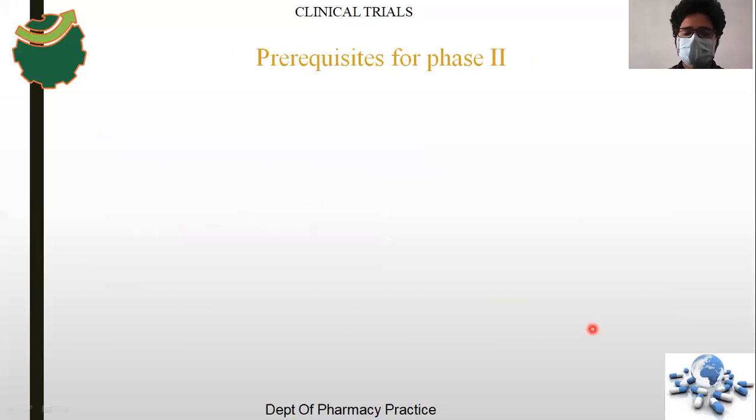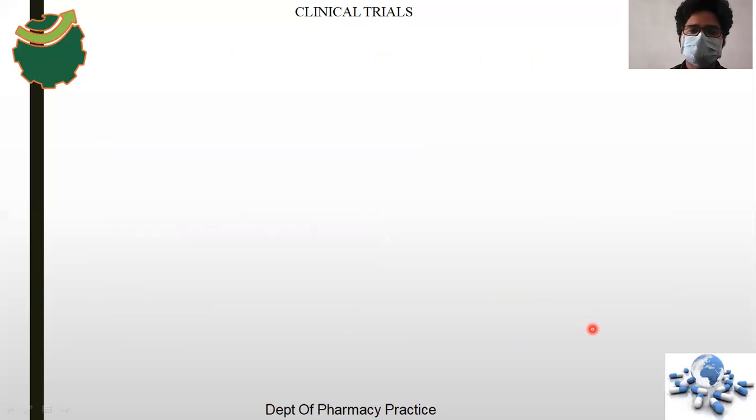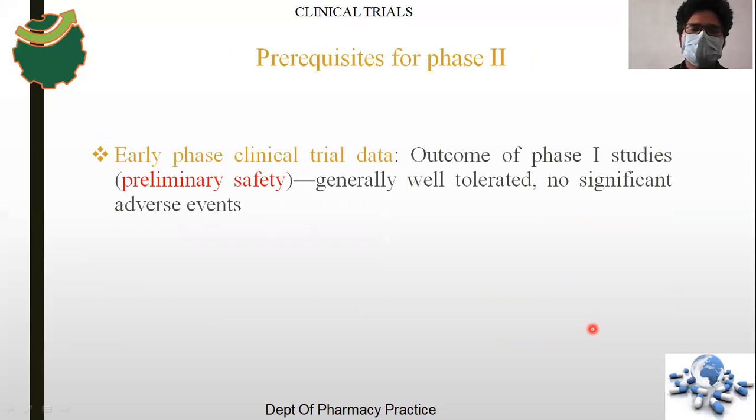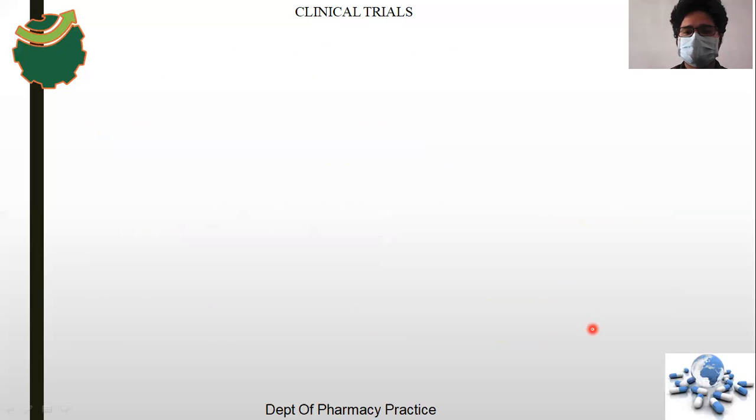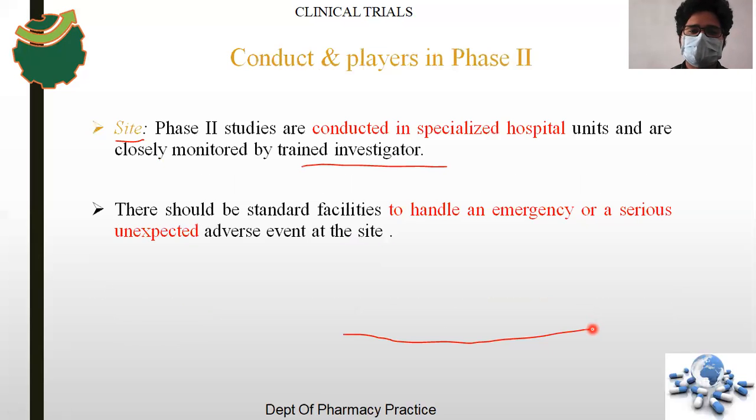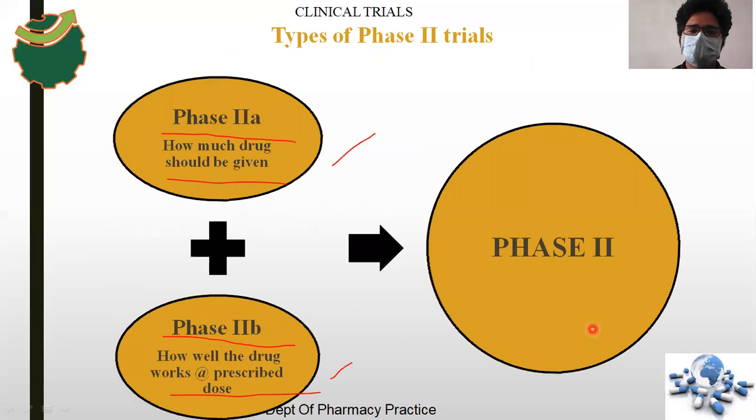Next, prerequisites for phase 2. What are the prerequisites for phase 2? Like this one, early data of the clinical trial should be taken care of. We already saw this. Now the distinctive features of 2A. Phase 2 has two parts, 2A and 2B.